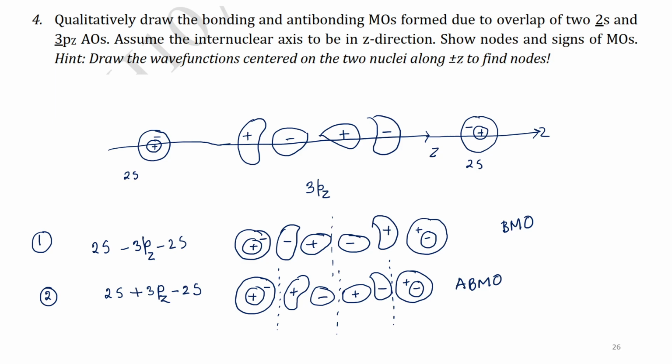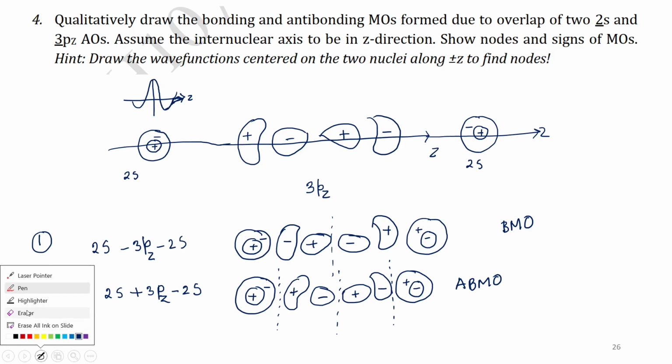You can also use the wave functions. Let me show you how the wave functions look, at least for 2s. 2s would look like this, right? This is it, and it will go something like this. Let me use the eraser.